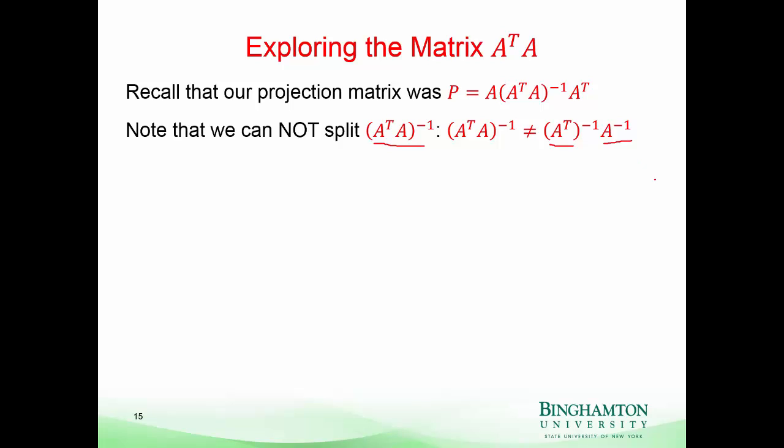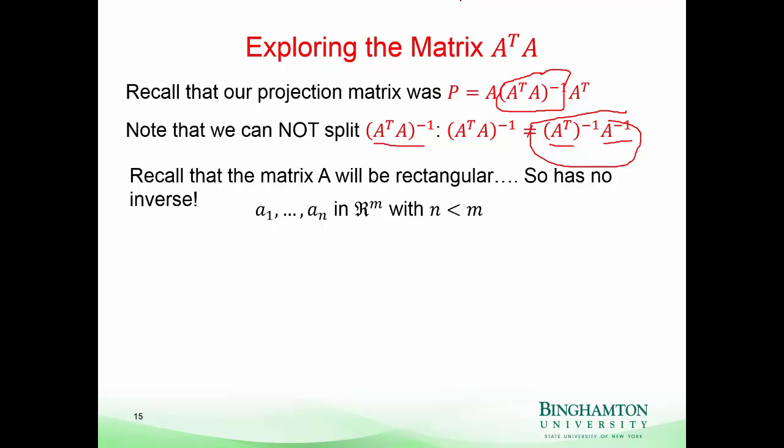That doesn't work. If that were true, and you plug that in, your projection matrix would always be the identity matrix, which is no projection matrix at all, really. It's a projection onto the full space. So this certainly cannot be true. So don't make that mistake.